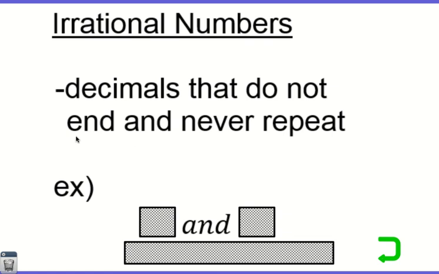So, do you know any examples of numbers that would have such a decimal that goes on forever, crazy, and never repeats a pattern? What do you think? Pi is one of those numbers, right? 3.1415, blah, blah, blah, and it goes on forever, but never repeats.